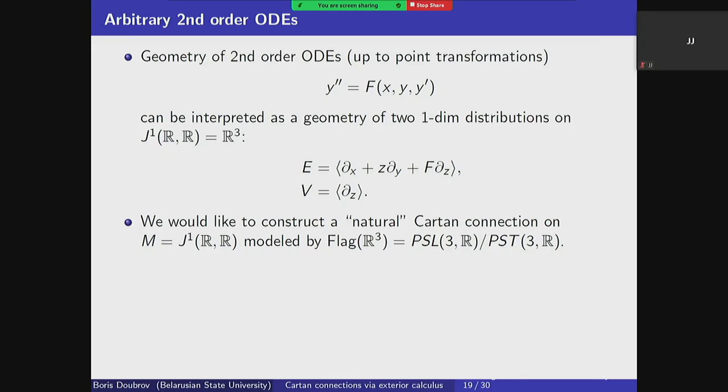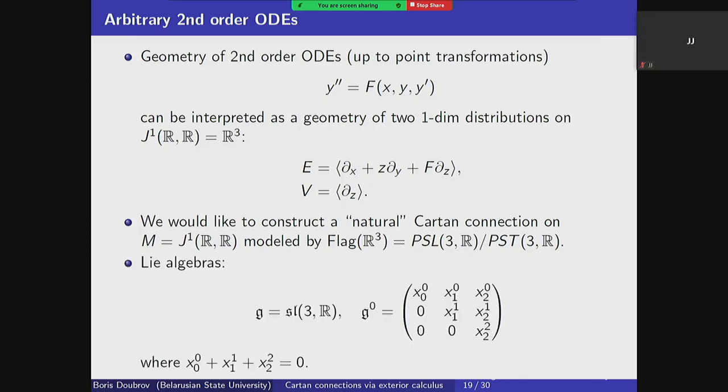So the game we are going to play now, we would want to have a different connection with a different model. I shouldn't call it a projective connection any longer, because it will be a connection modeled by this homogeneous space. To give you an idea, that's how we see the thing algebraically.